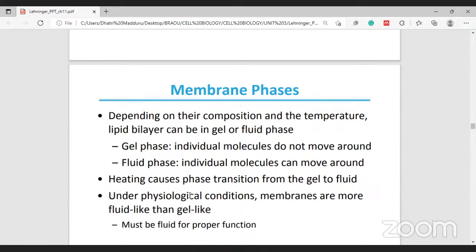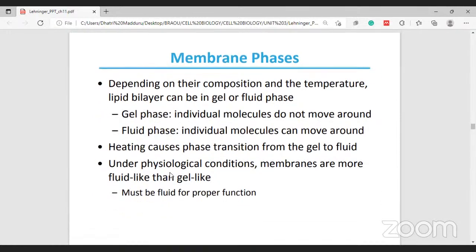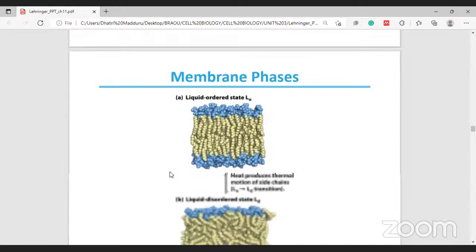So when there is heating, what happens? The gel phase will become fluid phase. And under normal temperature, the membranes will be more fluid in nature. And even the presence and absence of cholesterol will affect the fluidity of the membrane, and also the number of double bonds in the fatty acid chains.